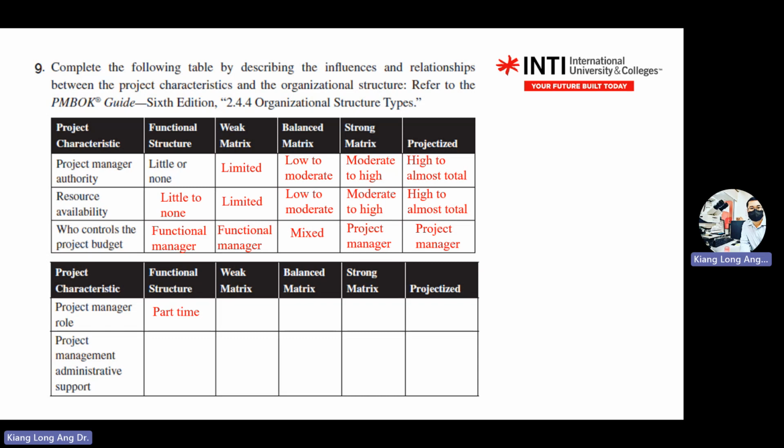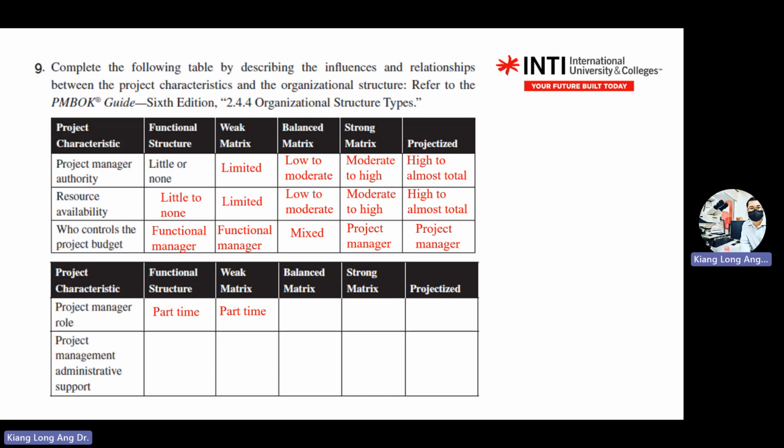In a functional structure, the more important person is the functional manager. So if your company has a functional structure, the project manager is part time. Part time means not a full-time person who will have control over there. This weak matrix is always linked to the functional structure behavior, so also part time.